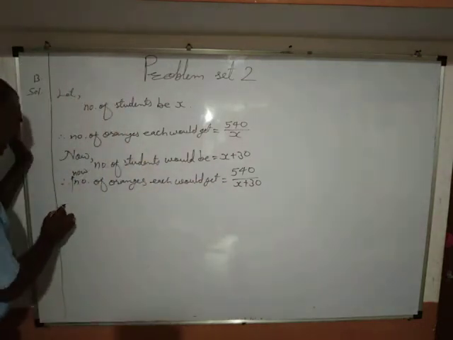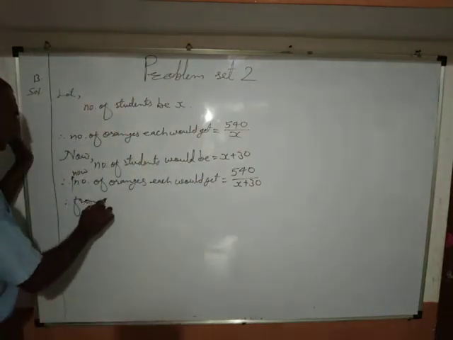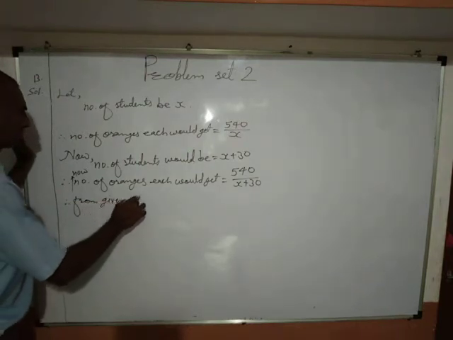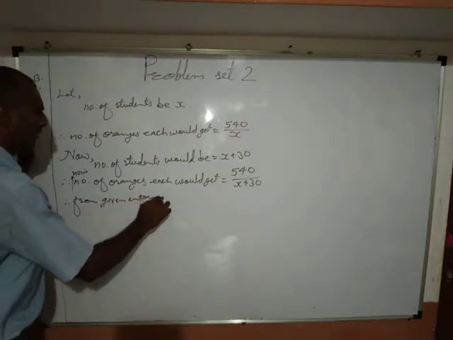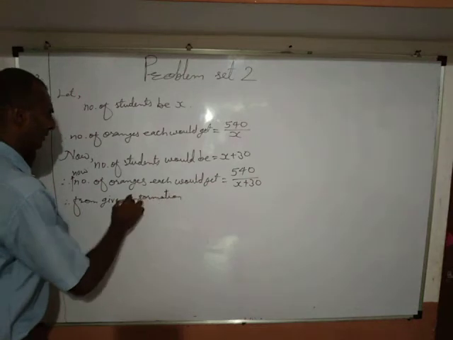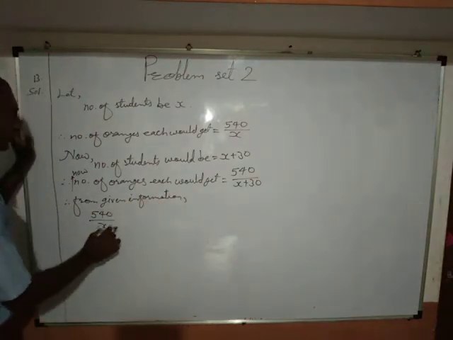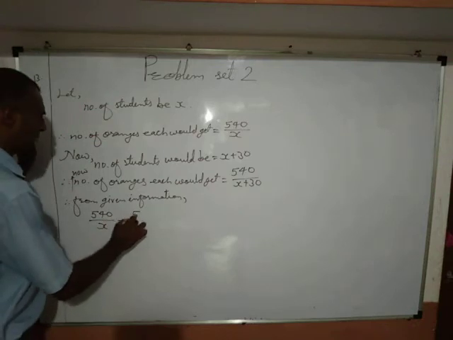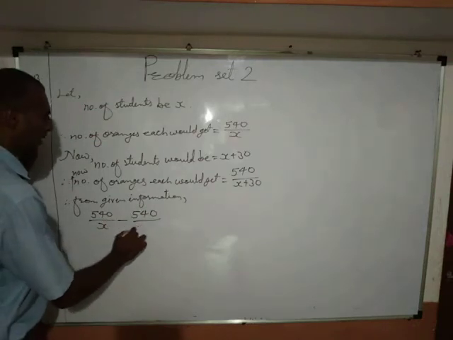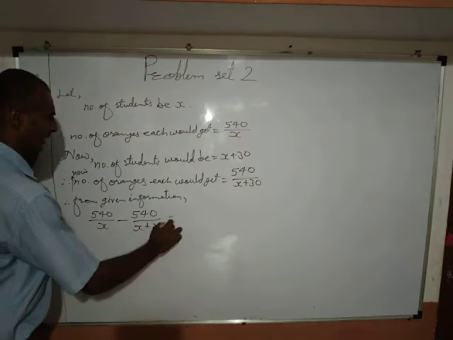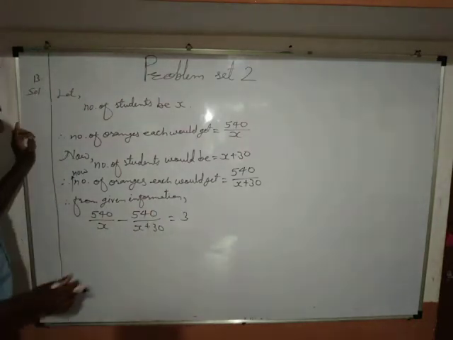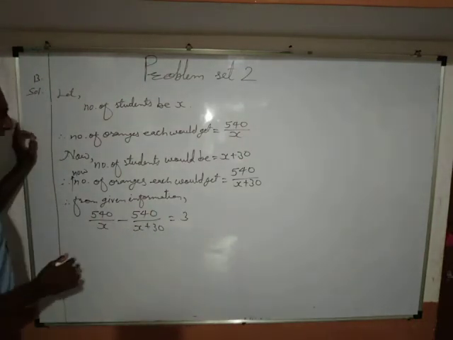Let's write therefore from given information, 540 upon x minus 540 upon x plus 30, that equal to 3. Now let's cross multiply.